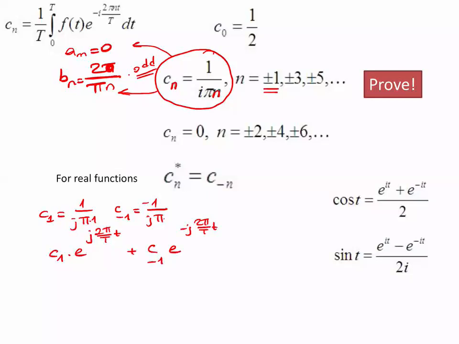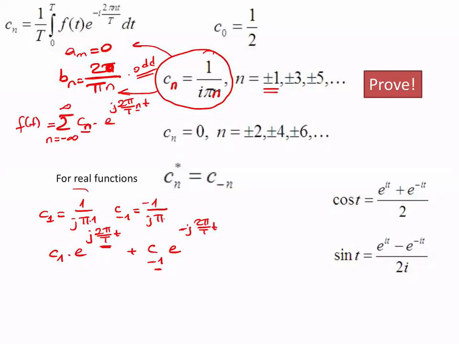You remember the formulation was Cn e to the power j 2 pi n t over T, where n is from minus infinity to plus infinity, and this is my signal. This was the synthesis equation. So I put 1 instead of n for C1, and if I put minus 1, I get this.